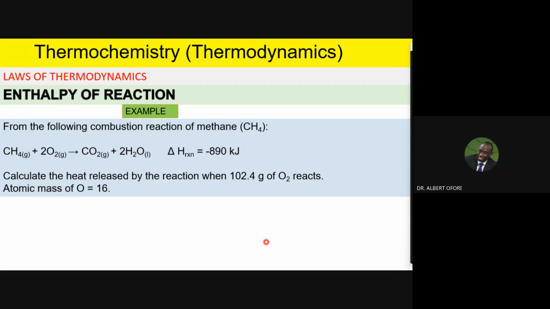So it means that the enthalpy change for the reaction is the summation of the enthalpy of the products minus the summation of the reactants. And the question is this. Let's calculate the heat released by the reaction when you are now going to be having a different amount of oxygen. Here, you can see the moles of oxygen here is 1 mole.